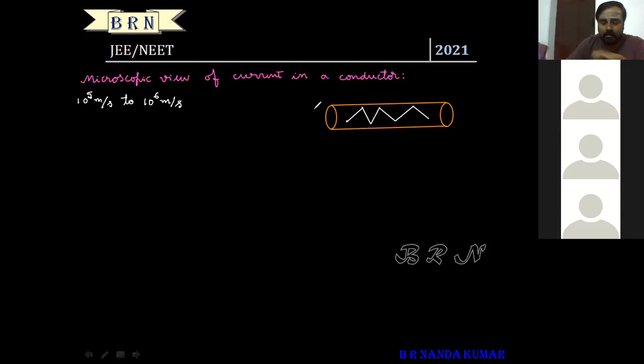So in a conductor, the free electrons move randomly with a thermal speed. What is the order of thermal speed? 10 power 5 meter per second to 10 power 6 meter per second. Remember the order.